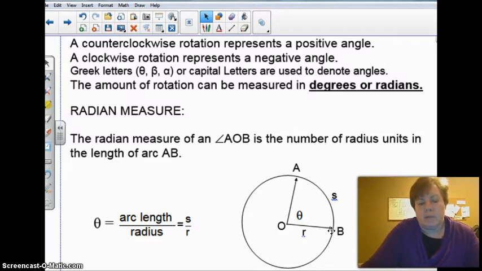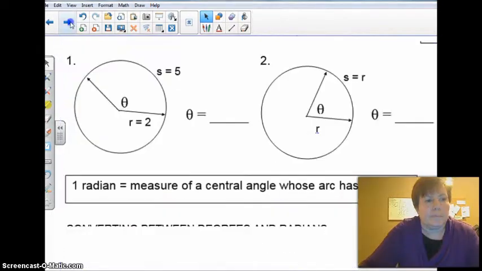So when we did our circles in the project, we took the radius, and we put that piece of string that represented the length of the radius on the circumference of the circle, and we measured an angle that way. The length of our arc is also the length of the radius. So that would be 1 radian measure.